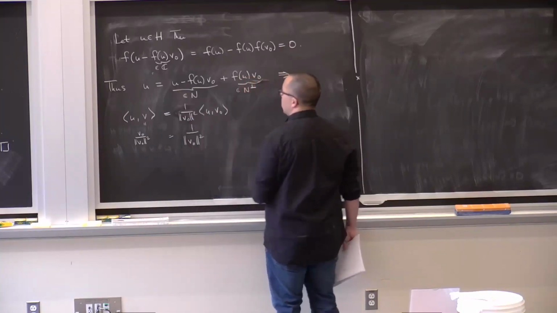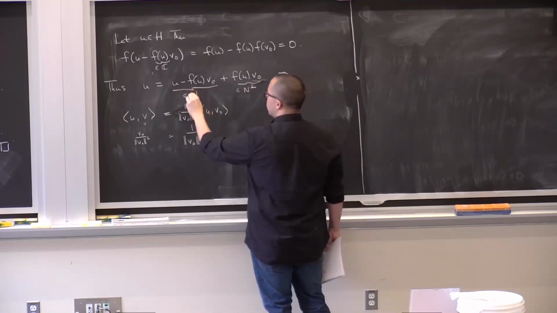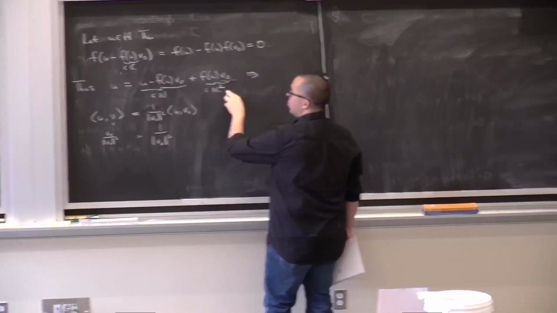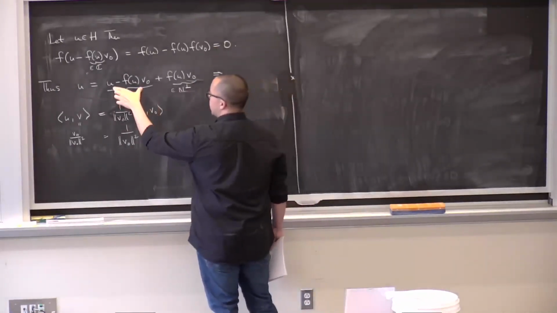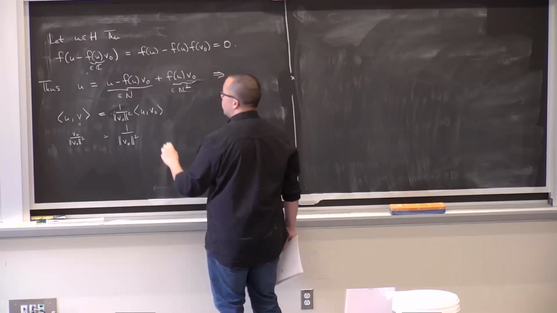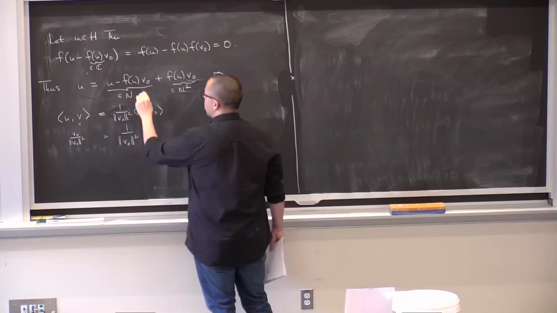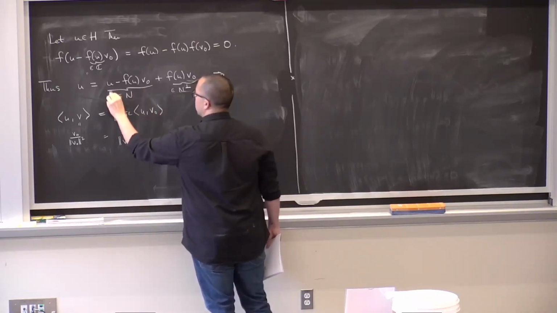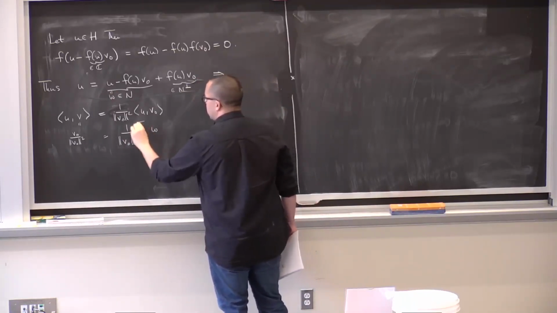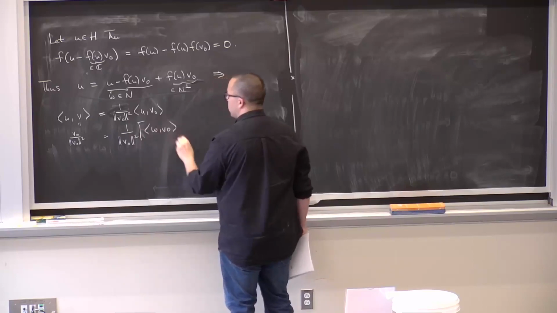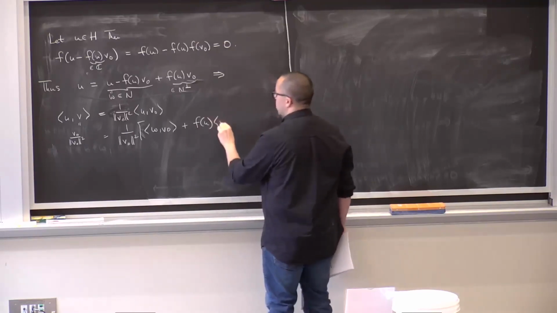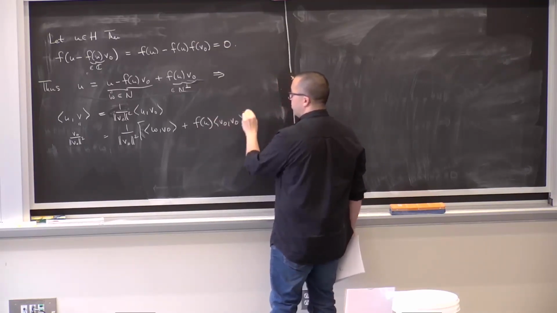Now, again, this element is in N. So when I take the inner product of this line with V naught, when V naught hits this, I get 0, right? Because it's in N. So if you like, call this thing W, which is in N. So this is equal to W inner product V naught plus f of U, V naught inner product V naught.